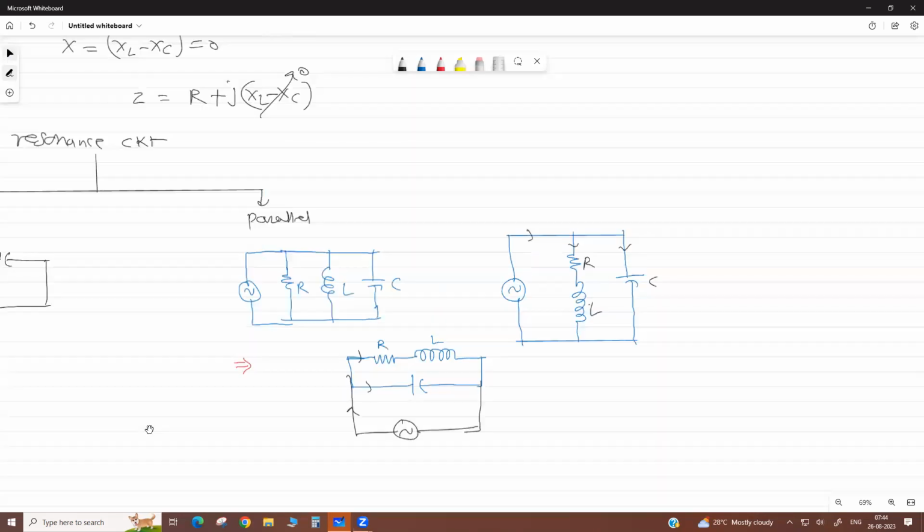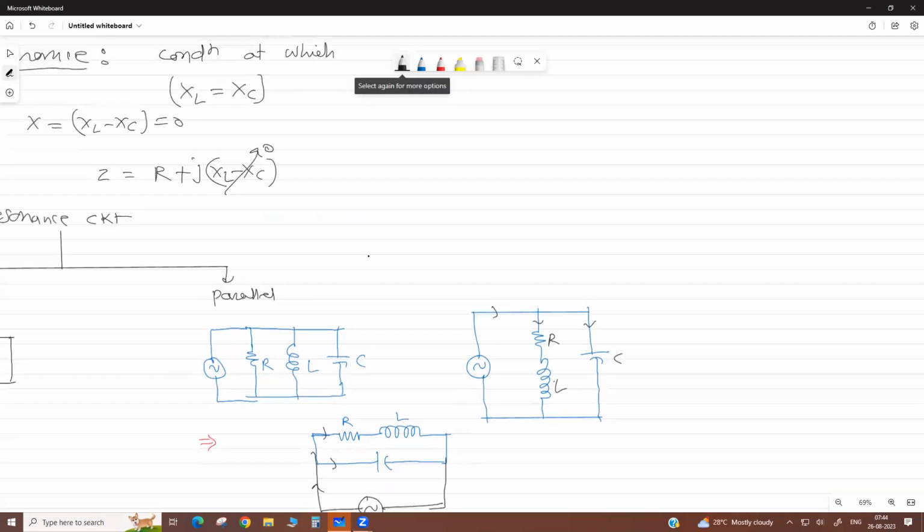Now a parallel circuit is also called a tuned circuit or tank circuit. If you connect a pure inductor with a pure capacitor, it is called a tank circuit or tuned circuit. This also forms a parallel resonance. Parallel resonance circuit is called a tank circuit or tuned circuit.